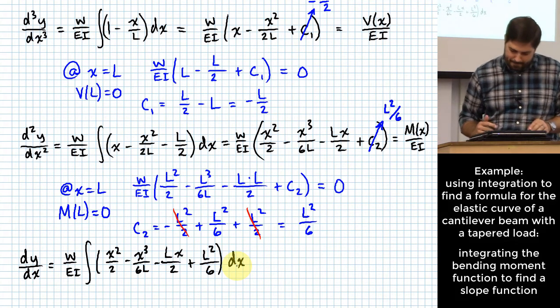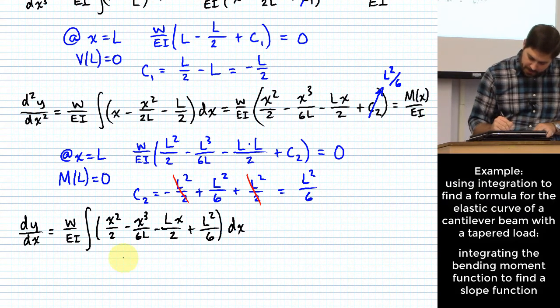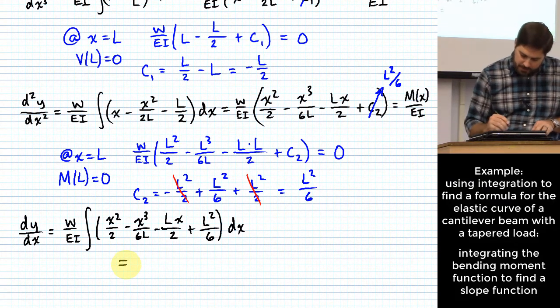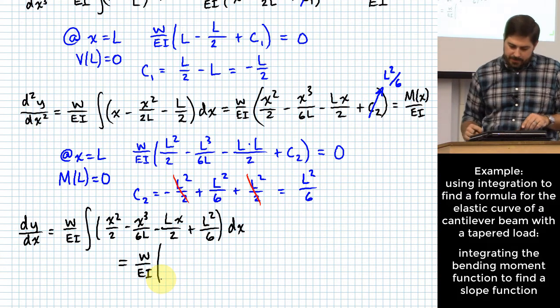I might need a little more room on this one, so let me start again down here. This is going to be equal to W over EI. And let's actually take this antiderivative.